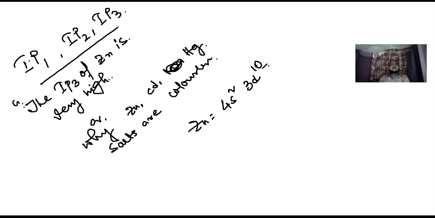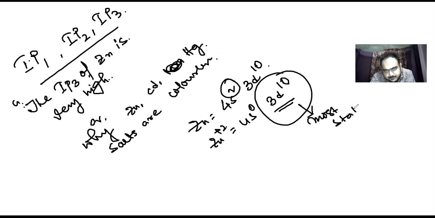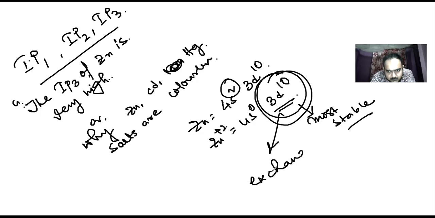Two electrons will come from the 4s. In zinc +2, this is 3d10, which is most stable in nature because of the d10 configuration and exchange energy. That's why it will resist the release of one electron from this d orbital, and it will never show a +3 oxidation state.